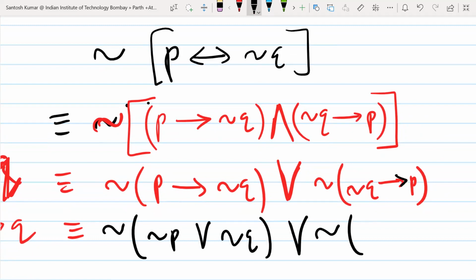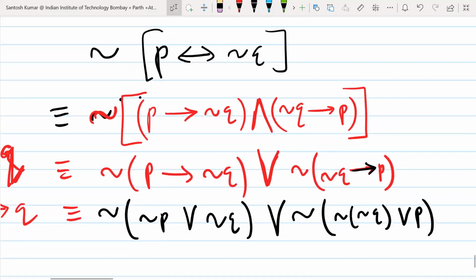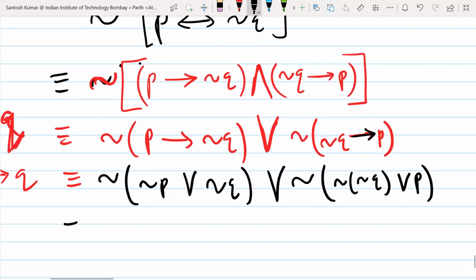I'm opening this implies sign. Implies sign: P implies Q is equivalent to not P or Q. So not of not Q or this, implies, and P implies Q is equivalent to not P or Q. Now open this negation and take this negation inside.